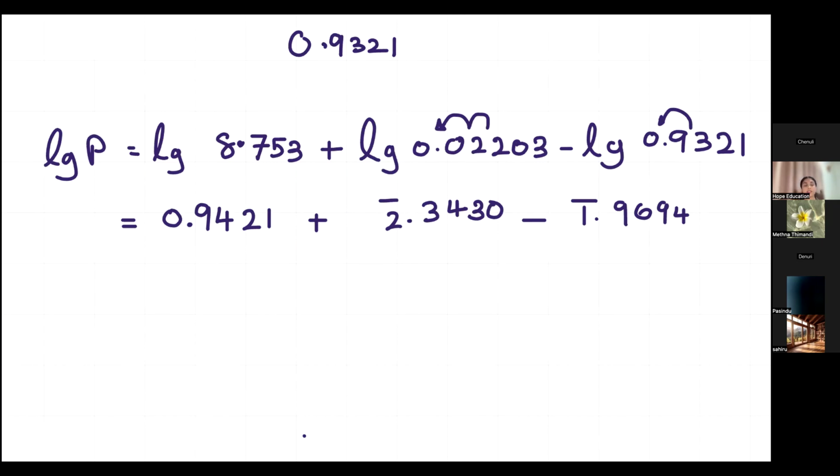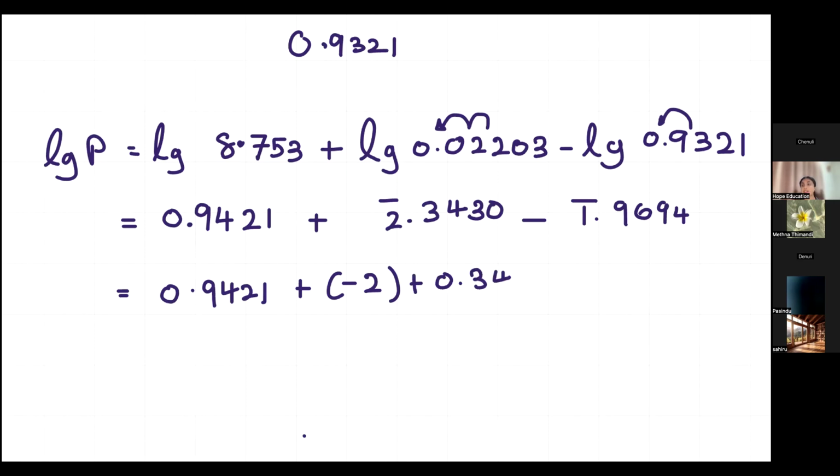So here the mantissa is 0.9421. The characteristic is zero, so I will just write 0.9421. Then here, the characteristic is -2. The mantissa is 0.3430.